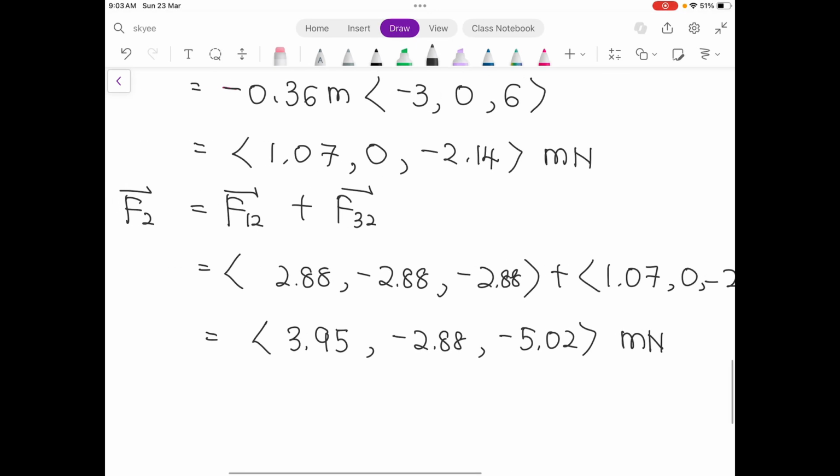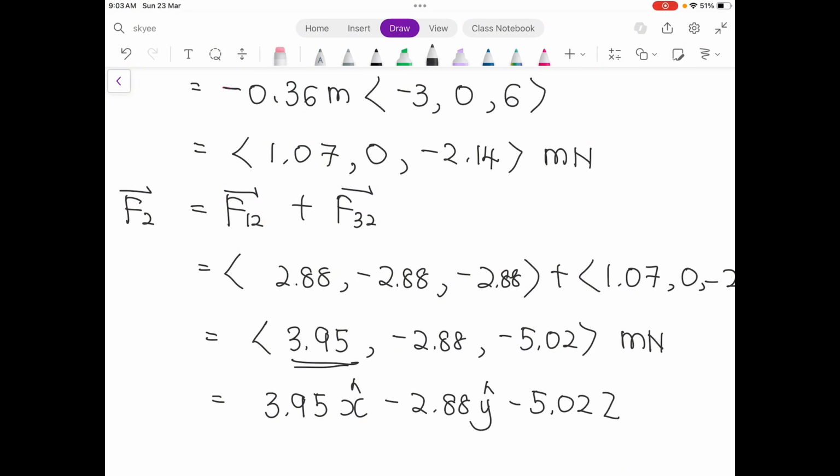The unit of the force is newtons. So you can write it with x, y, z notation, where this represents the x vector, this the y vector, and this the z vector. You must be able to differentiate between these and these.